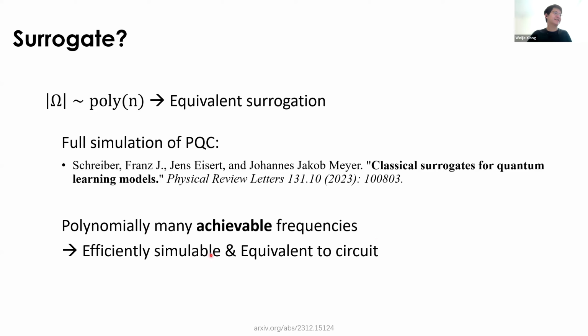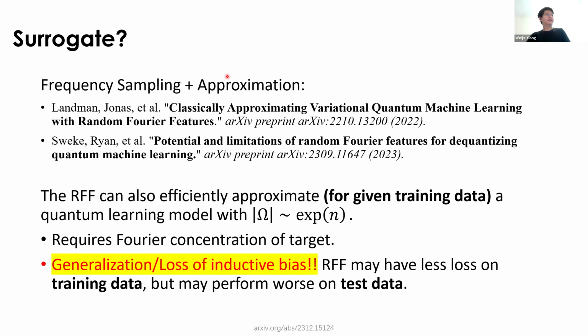In cases where the achievable frequencies are not exponentially many in system size, there exists an efficient surrogate. Another class of surrogation is based on frequency sampling. There are two important papers about this concept. The first one proposed the random Fourier feature method.